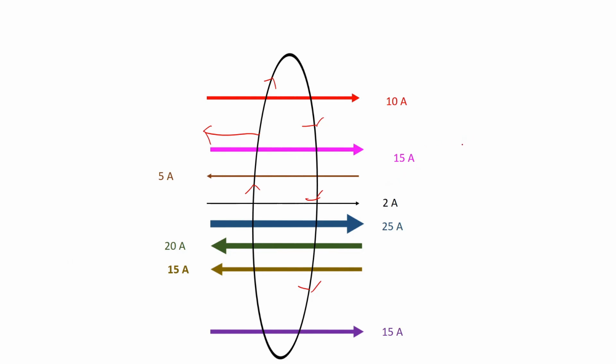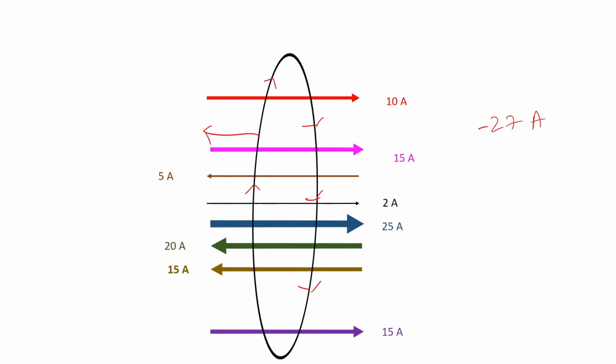So the answer you would be getting is 2 plus 25, 27 minus 27 amperes. That is the meaning of Ampere's circuit law.